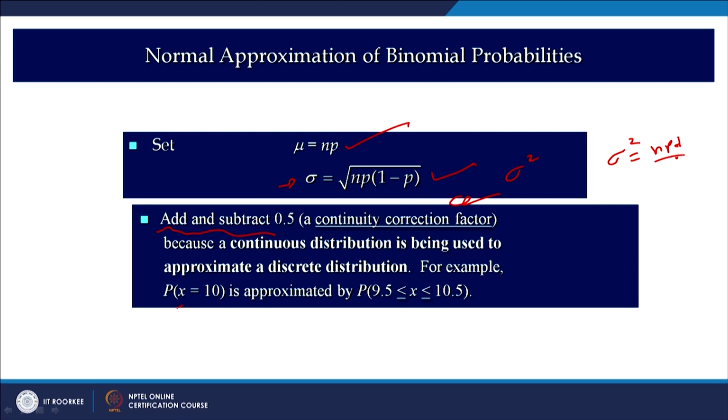So, for example, if P(x) is equal to 10, rather than going for the probability of x equal to 10, we will subtract and add 0.5 from 10. So, it would be 9.5 to 10.5, right. So, we will calculate the probability in this range, right. So, x has to be less than or equal to 10.5, but more than or equal to 9.5, right. This is something which you need to remember, the continuity correction factor.